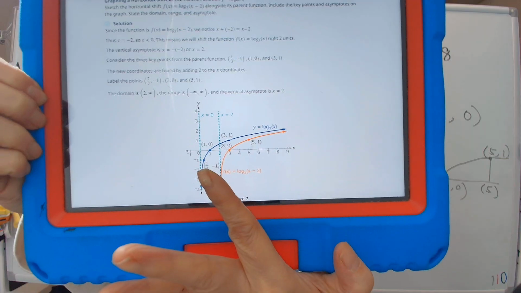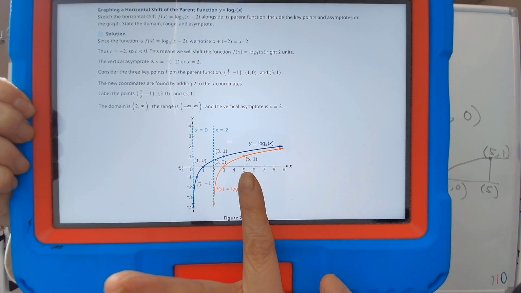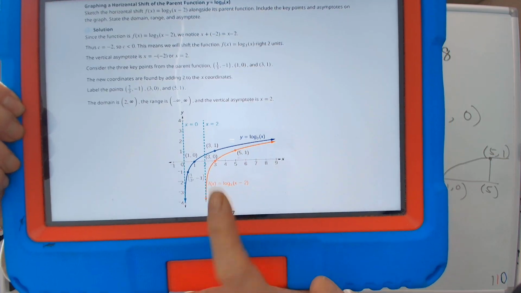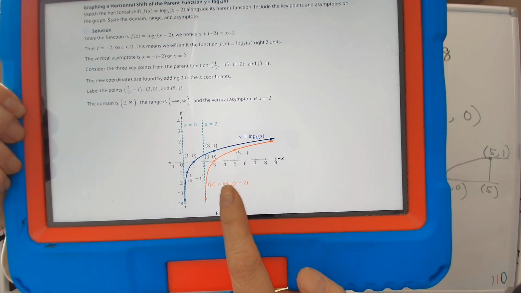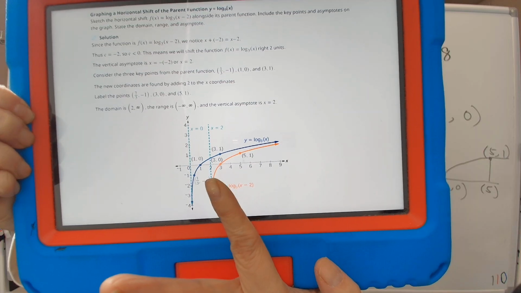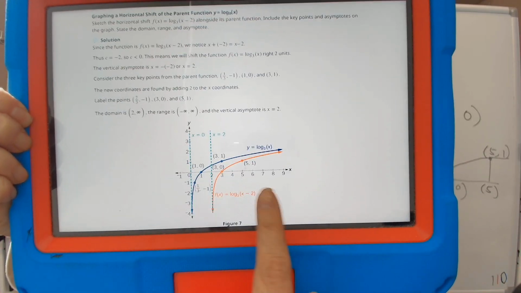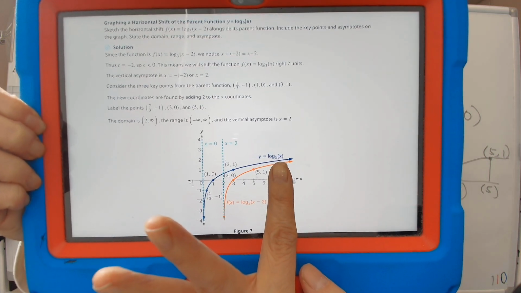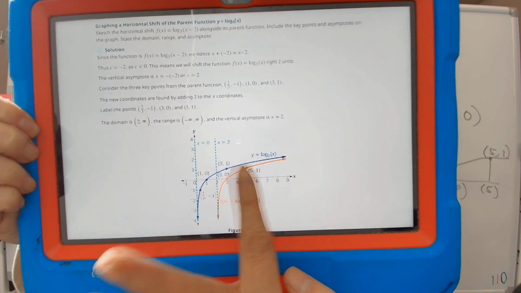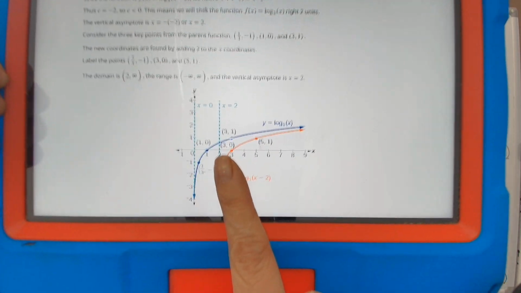Minus 2 means shift 2 units to the right, so you do that, and there you are. And the asymptote shifts right along with it, and the new domain is now limited from 2 to infinity. The old domain used to be 0 to infinity, because the domain of a logarithm is x bigger than 0.